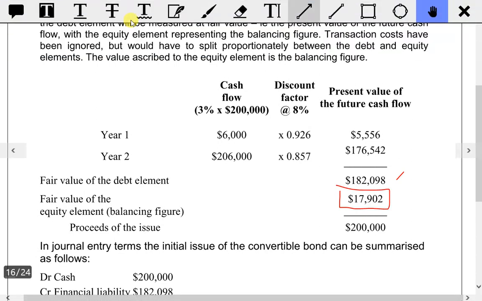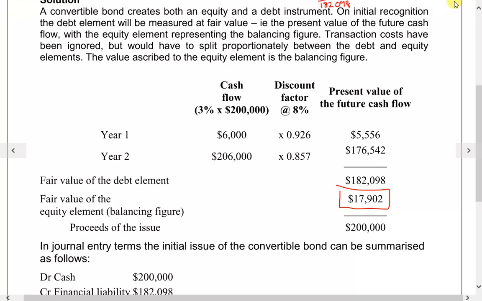What's the double entry to record this? Debit bank 200,000 convertible and credit equity option. It hasn't been issued yet, that's why it's an equity option.